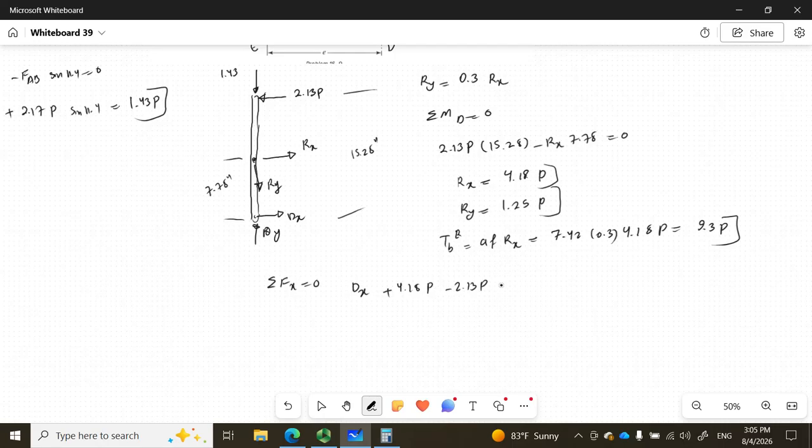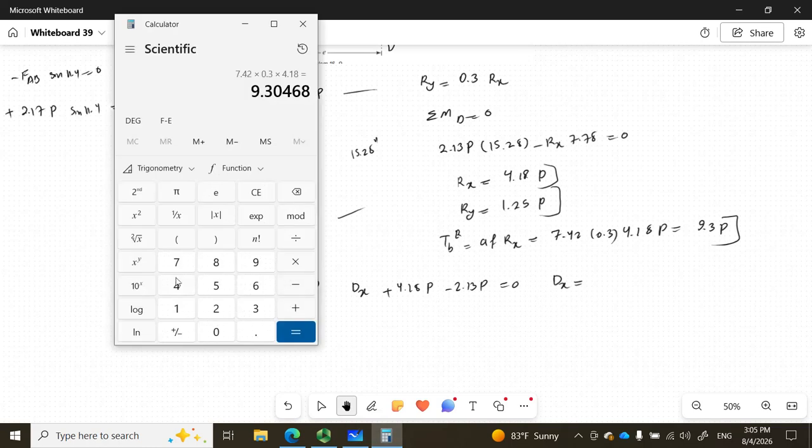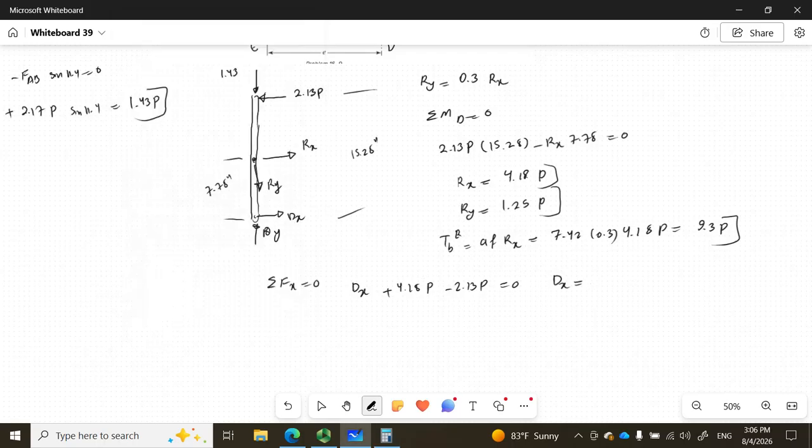Yeah, that's it, right? So it equals 0. So DX will be equal to 4.18 minus 2.13. These two go to the other side and become negative, so I found DX equal to negative 2.05 P.